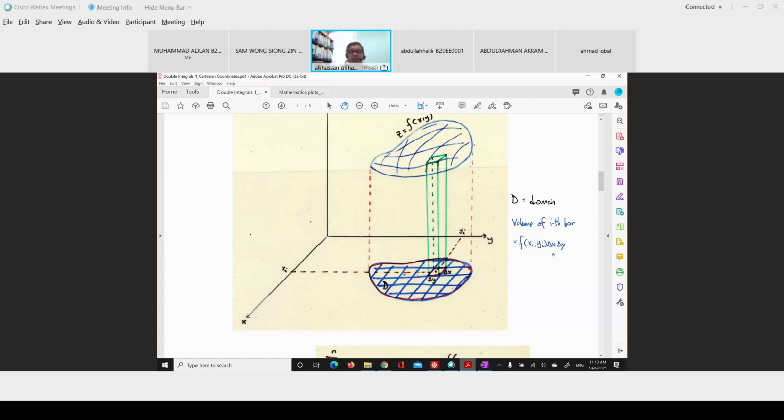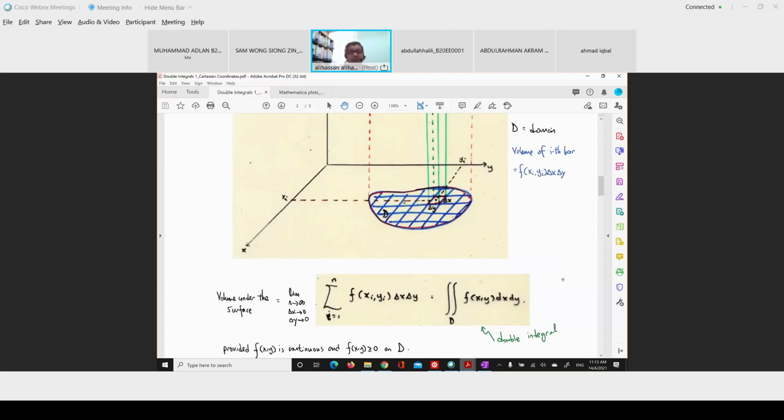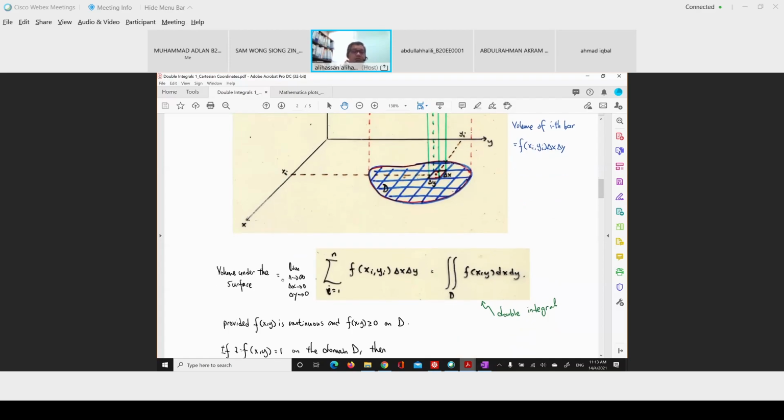The sum of the volumes of all the 3D rectangular bars will be an estimate of the volume under the surface. So again we have a summation here.